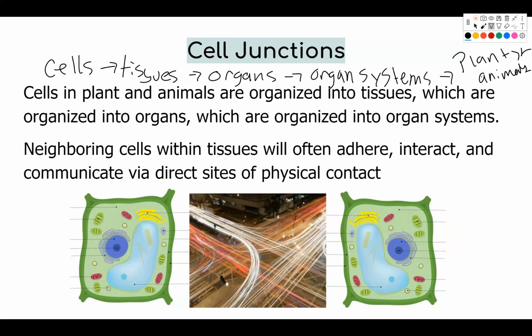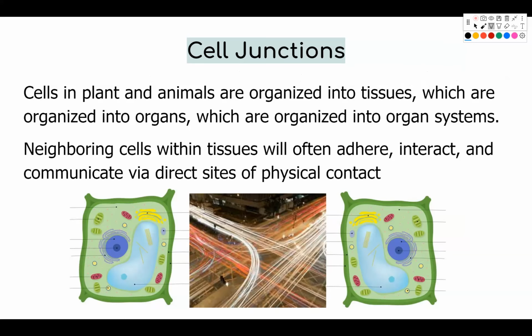So you don't always have to write out everything word for word. I find that these little arrows are my lifesaver when it comes to writing things down super quick. So give me just a second. I'll talk about these specific cell junctions.